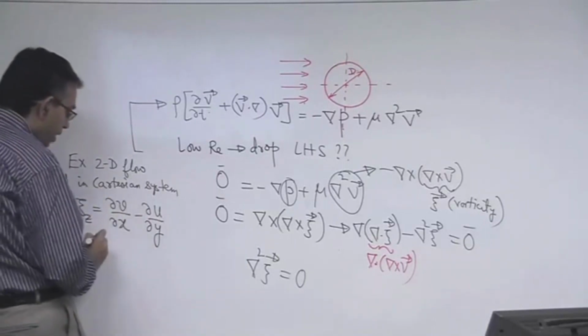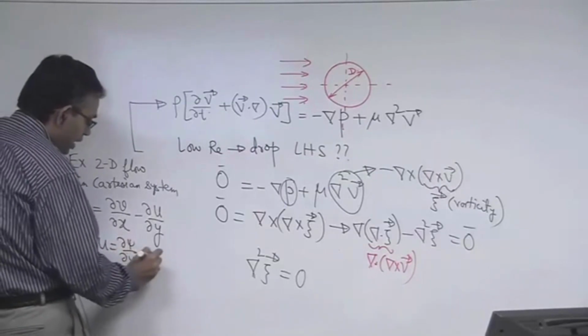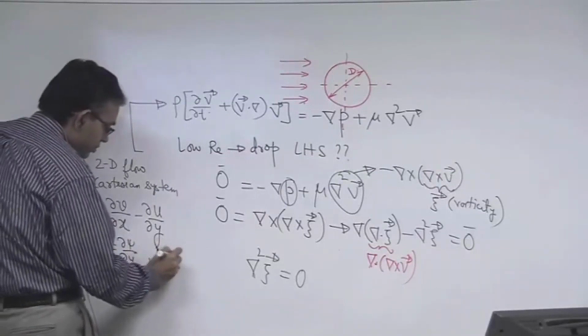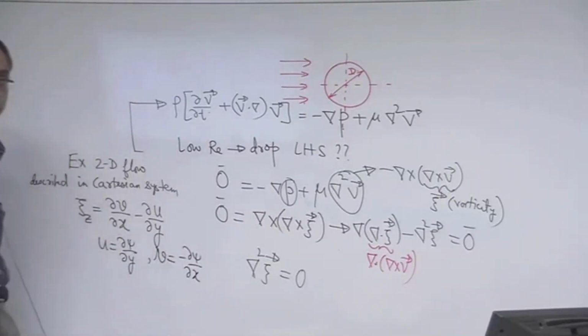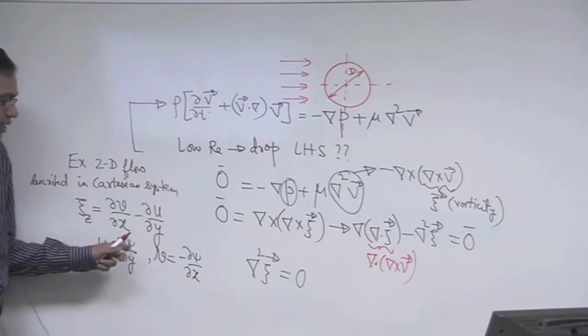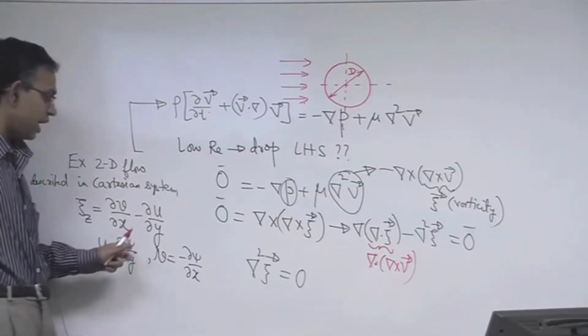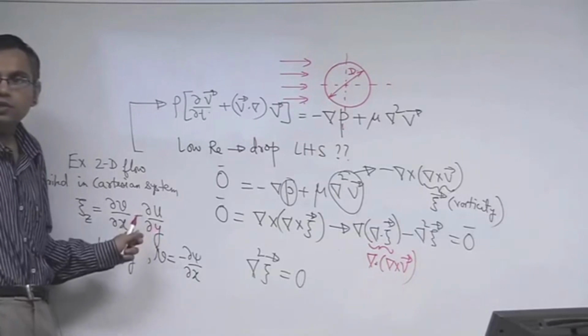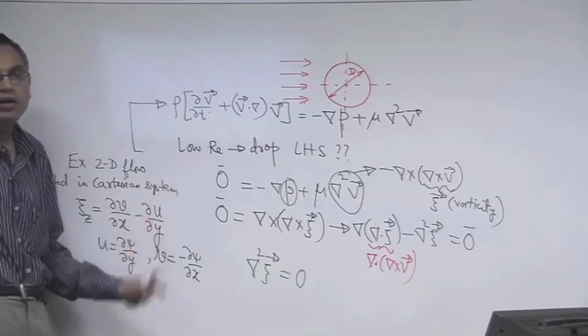So, we define, let us say u is equal to del psi del y and v is equal to minus del psi del x. Okay. So, what are these u and v? These u and v are the velocity components and psi is the stream function. So, you can see that this definition of psi automatically satisfies the continuity equation del u del x plus del v del y equal to 0 for 2-dimensional incompressible flow.